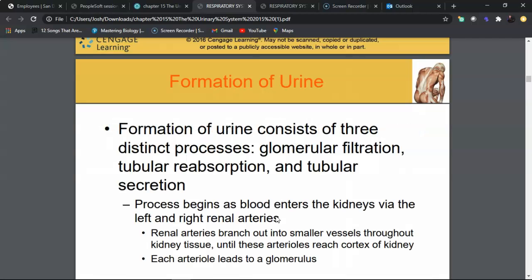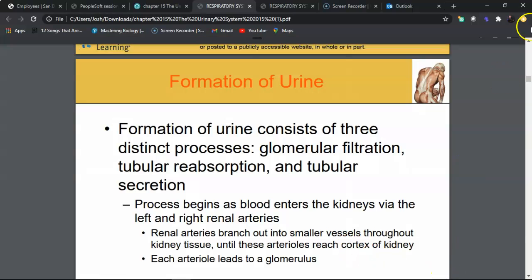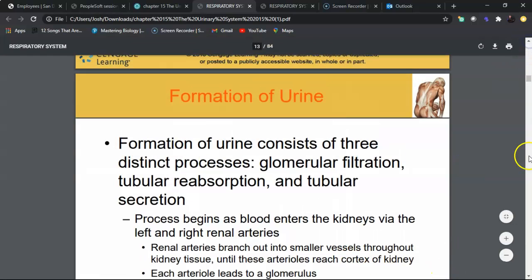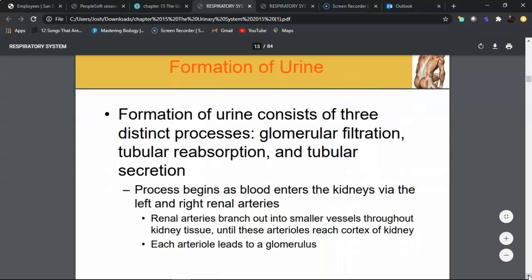Okay, so then we have to talk about the different phases of how urine is formed. We have three different processes that lead to urine formation. We already talked about the first one, glomerular filtration. The first step is the filtration process.